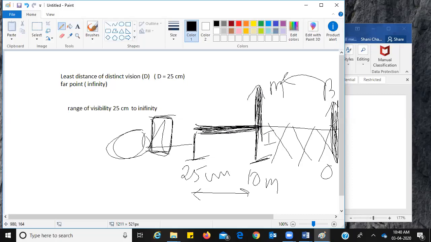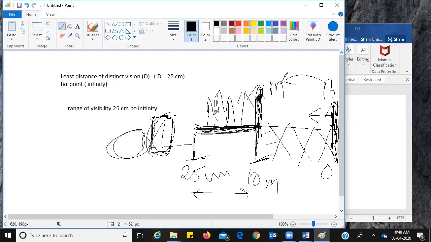If the object is here, you adjust the lens focal length in such a way it forms the image at 10 meter, and you bring the object closer and closer, automatically the image will be in between. This is the role of all optical instruments, not for correcting the eye.